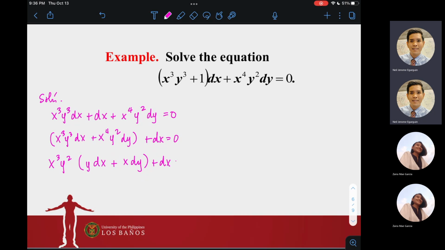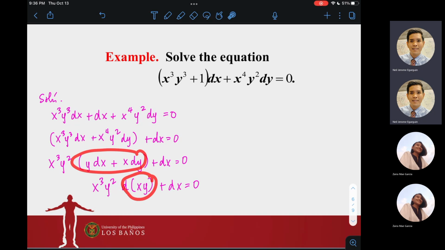Plus dx equals 0. Okay? So here, implementing what I said earlier, I'm going to have x cubed y squared differential ni xy plus dx equals 0. So essentially, pinalitan ko lamang ito. Kasi ito ay resulta ng product rule applied to the differential. All right?